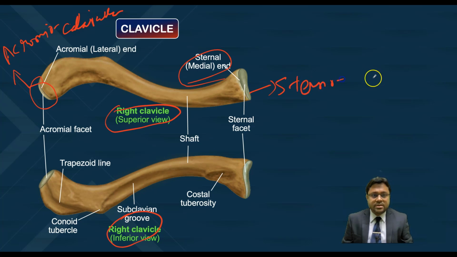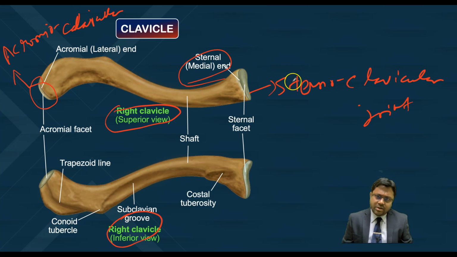The joint is named the sternoclavicular joint. So, at the flanks, two ends, one broader and one flatter. The flatter one is meant for the acromion process of the scapula, the broader one for the clavicular notch of the sternum and the first costal cartilage. Sternoclavicular joint, acromioclavicular joint.